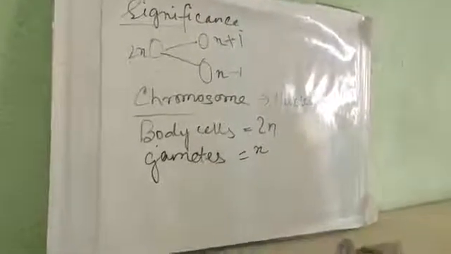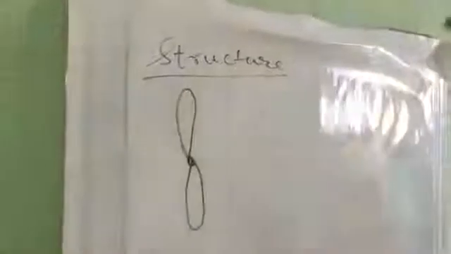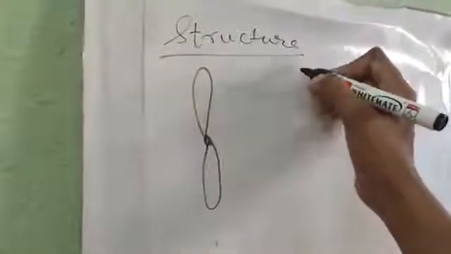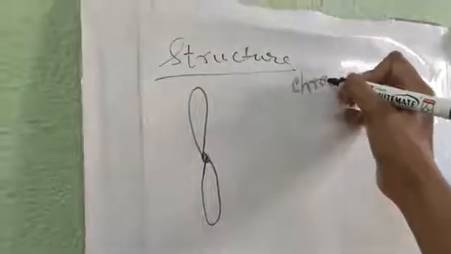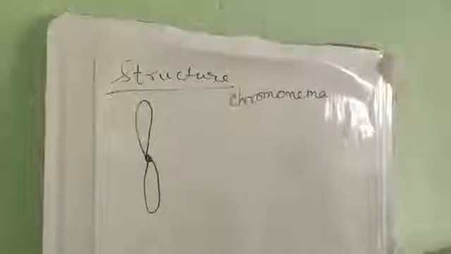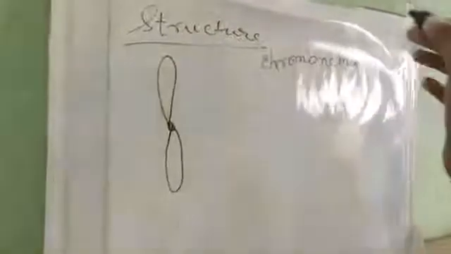Now I will go to the structure. This is the general structure of the chromosome, as you can see over here. Generally the chromosome is made up of 2 threads or 2 fibers. These 2 threads or fibers are termed as chromonema. These chromonema coil around each other, forming a fiber-like structure, thus giving rise to the chromosome. Now how is it arranged?